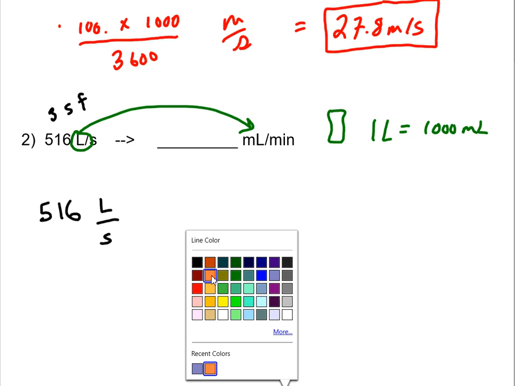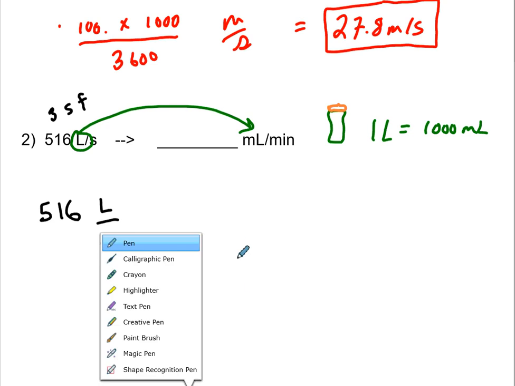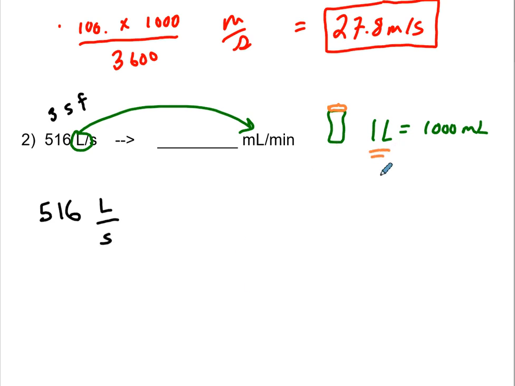I'll draw a nice little Gatorade bottle for us all, so you can all see what I'm saying. Anyways, one of those Gatorade bottles is equal to 1 liter, but 1 liter is also 1,000 milliliters. So that's our first conversion factor. 1 liter is 1,000 milliliters. Again, you'll see how we enter it in a minute.